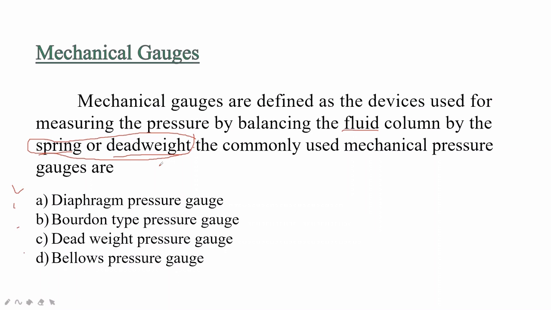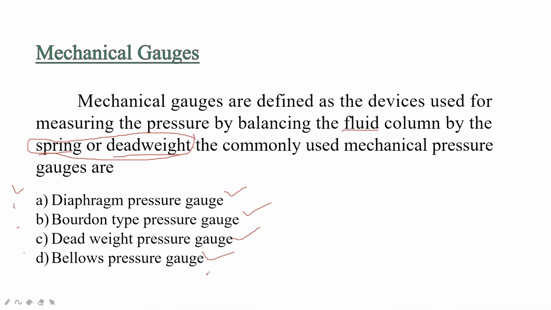But in the case of manometers, it is balanced by the column of fluid, by the same or another column of fluid. The fluid column is the main criterion for balancing there, but here we are using a spring or dead weight. So: diaphragm pressure gauge, Bourdon type, dead weight pressure gauge, and bellows pressure gauge are the four types of mechanical gauges.